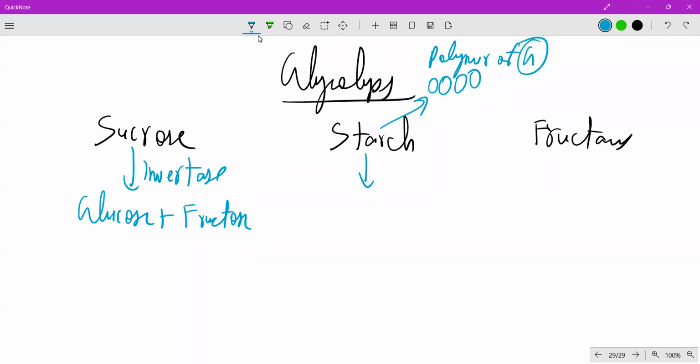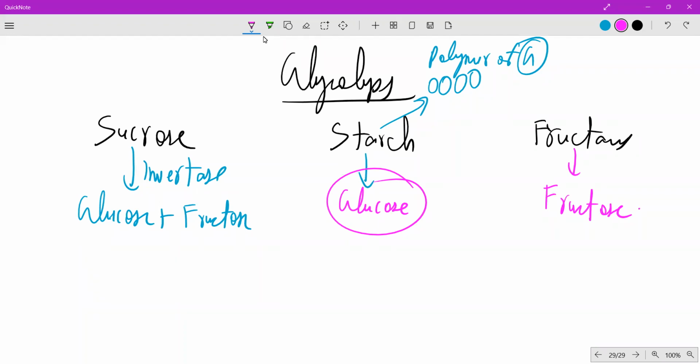So when you break down starch, what do we get? When I break down starch, I get glucose. Fructans are the polymers of fructose. So when I break down fructans, what do I get? I get fructose. Look at this. That is how we start the glycolysis over here. Very simple. Any confusion?